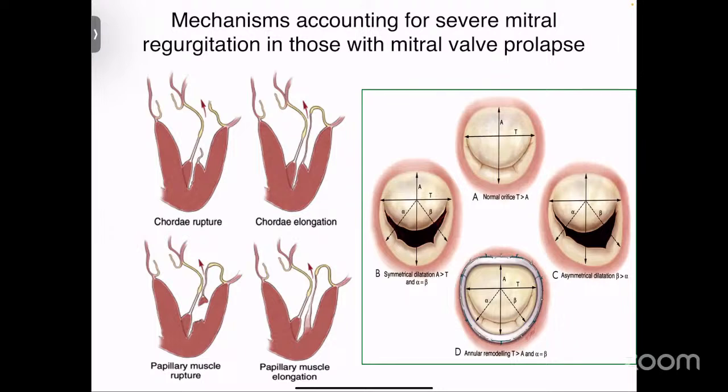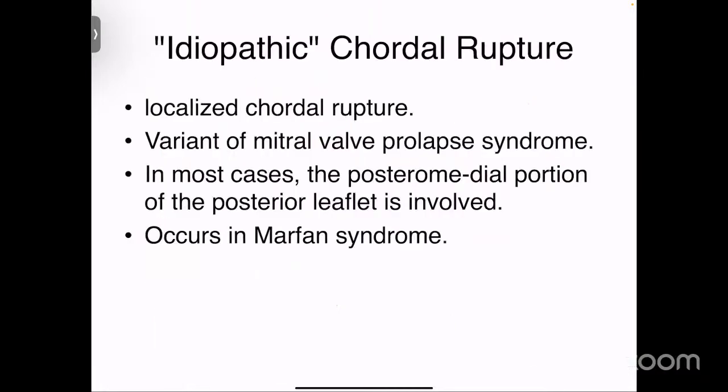Idiopathic chordal rupture can be one of the causes of mitral regurgitation, and it is more or less a localized chordal rupture.